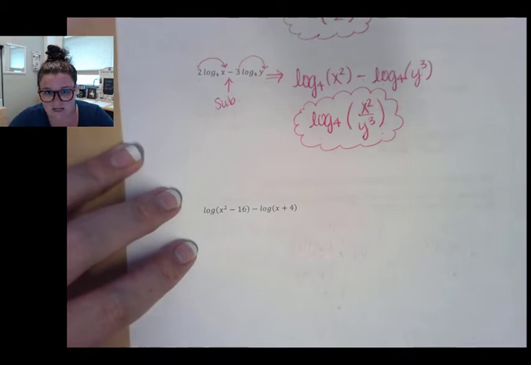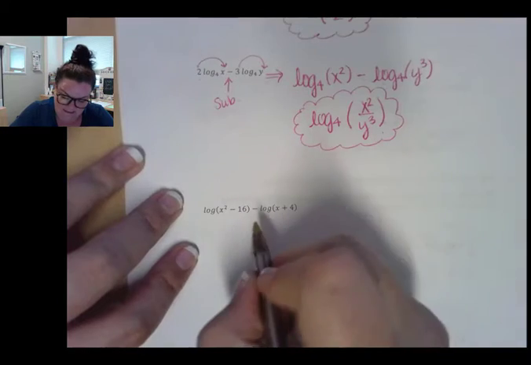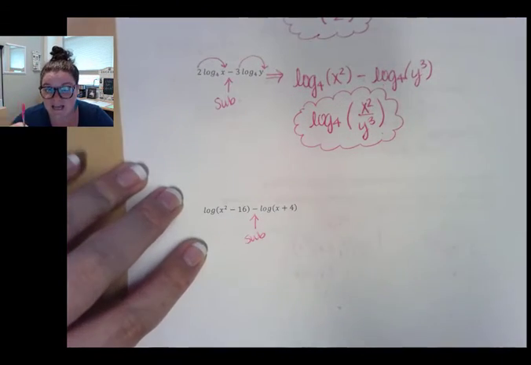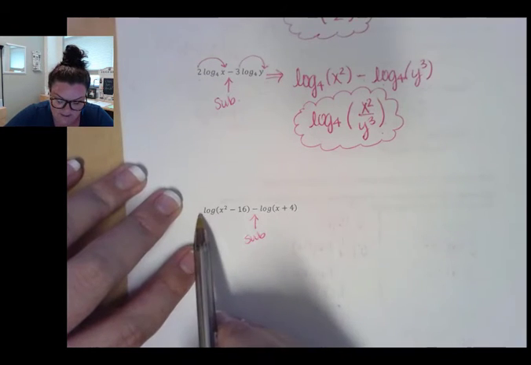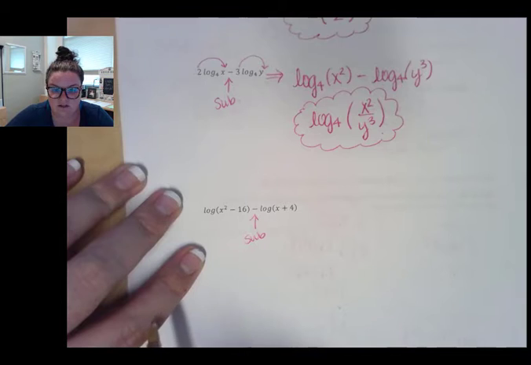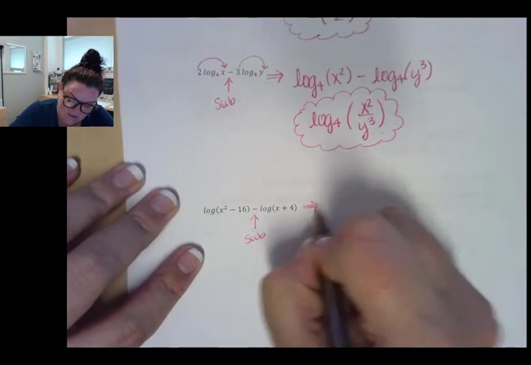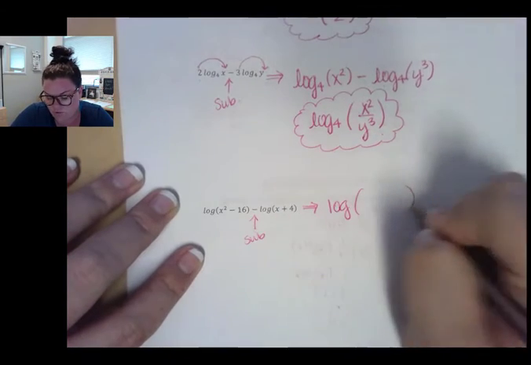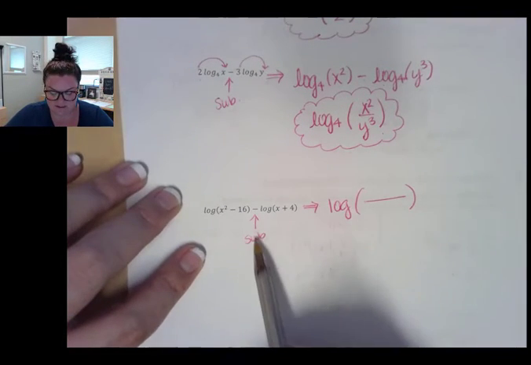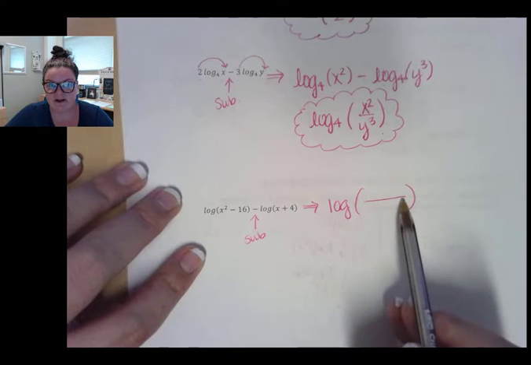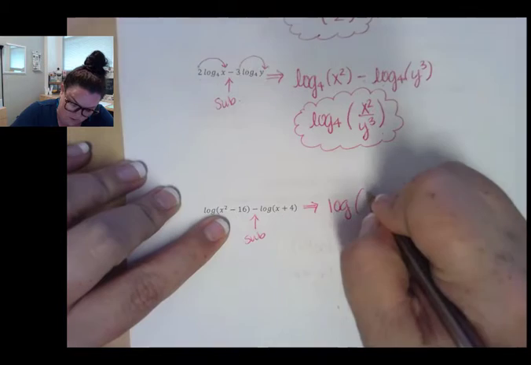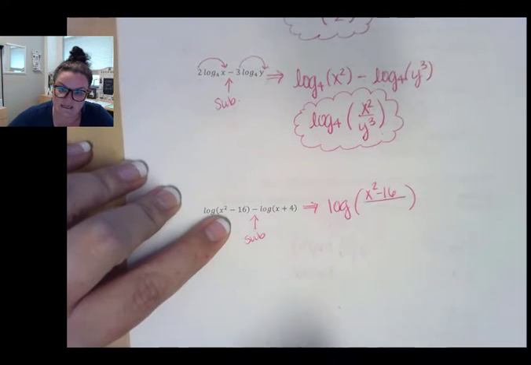So moving on to our next strategy, which is this subtraction, right? Our subtraction tells us that this had to have been a quotient to begin with. And notice here, I don't have any numbers out front of the log. So I can go ahead and turn this back into a quotient. So when I squish it into one log, this subtraction tells me that I should have a fraction. The one that goes on top of my fraction is my positive term, which is my x squared minus 16.